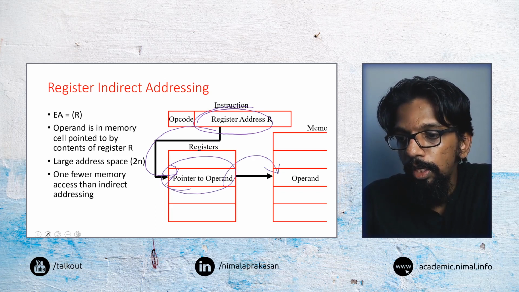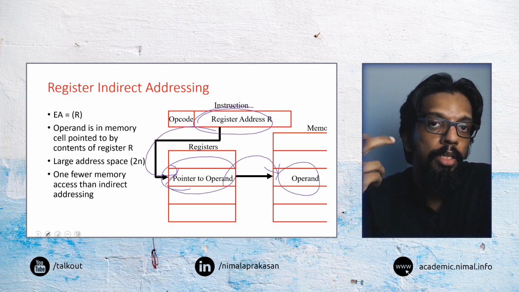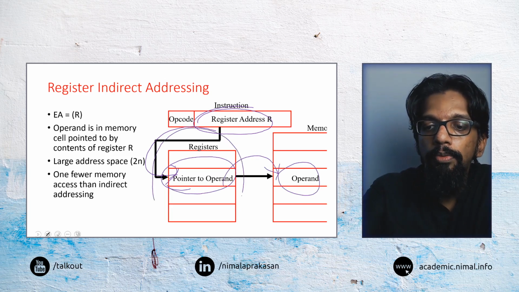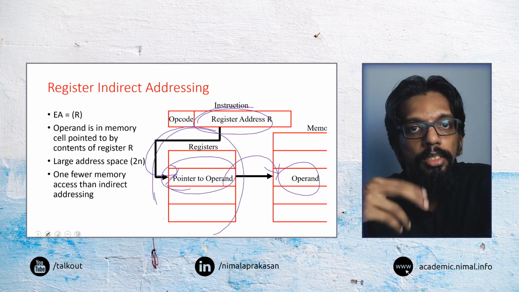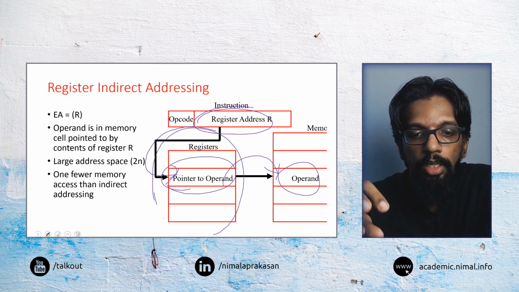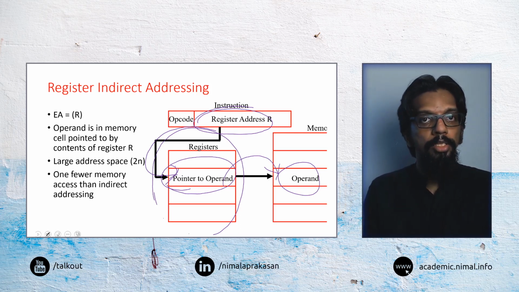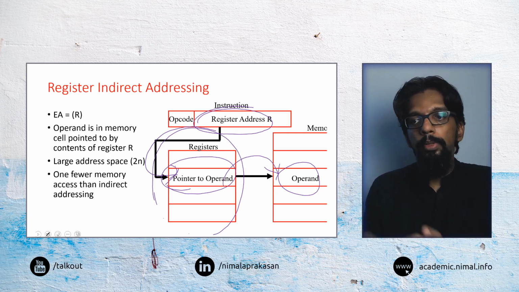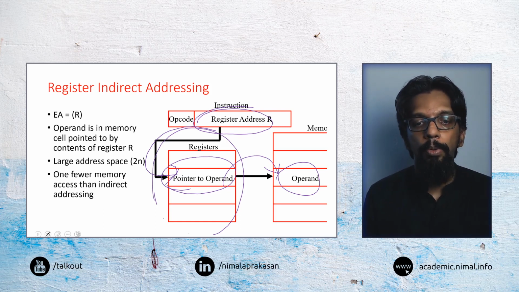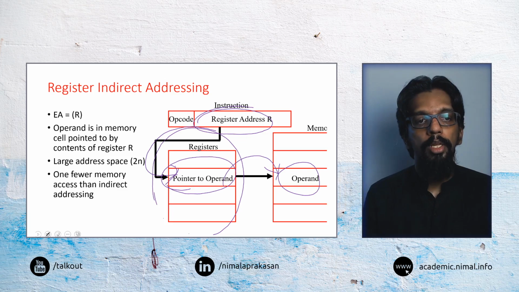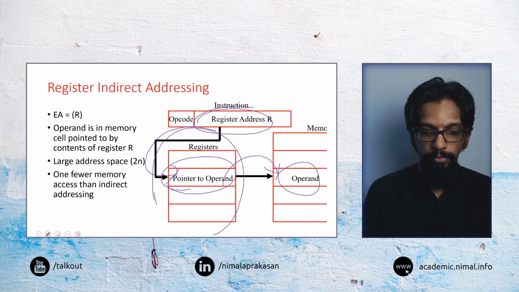So we go there, and there we find the operand. It is similar to indirect memory addressing, but in the first phase we are using the registers instead of a memory location. Again we can have a large address space supported because of this indirect approach, but it is still limited by how many registers we can have.